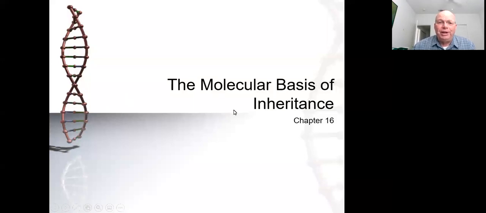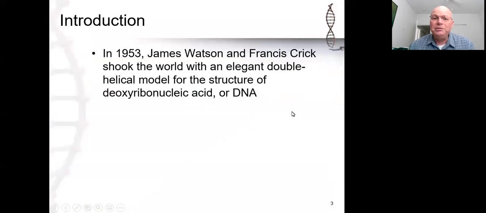So when Watson and Crick published their paper in the journal Nature, and you can go and find this on the internet, it's the April edition from 1953, and it is a remarkably short paper given the implications for what they were publishing.